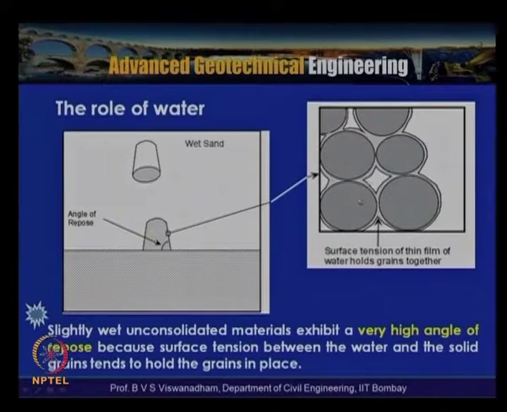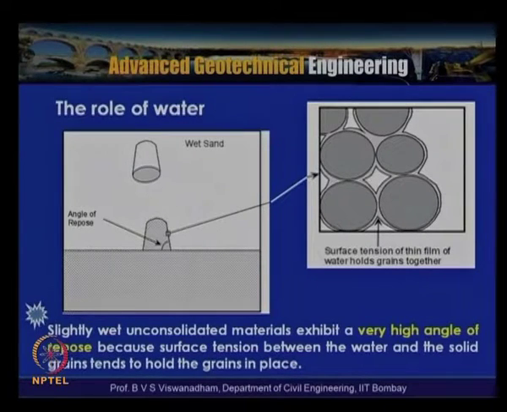You can see here the grains are held together by this action of solid, water and air interaction. The solid is nothing but the sand grains, along with water and air. In this particular case, slightly wet unconsolidated materials exhibit a very high angle of repose.